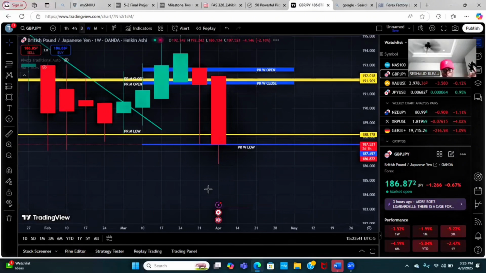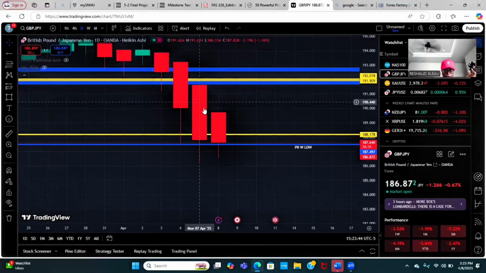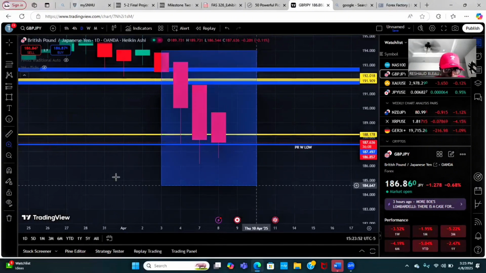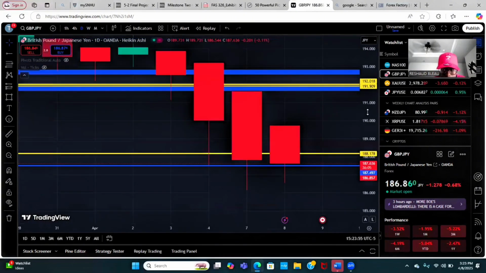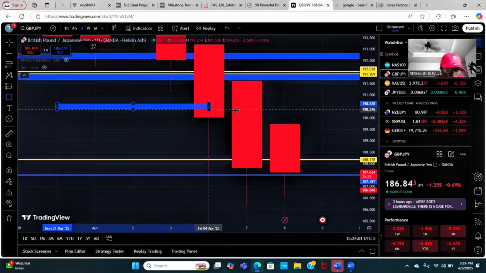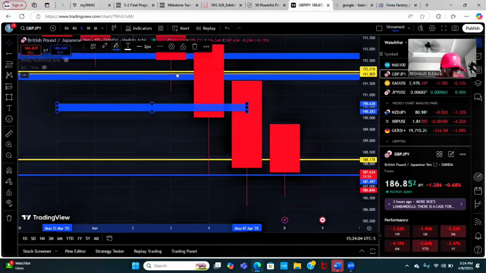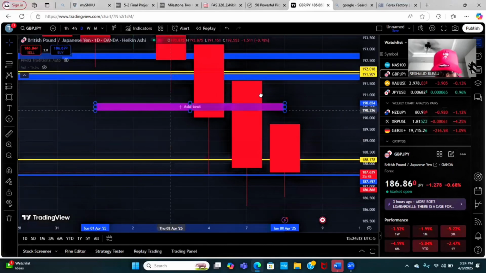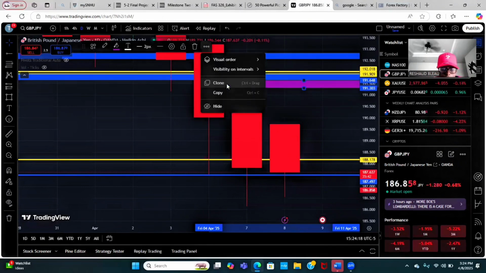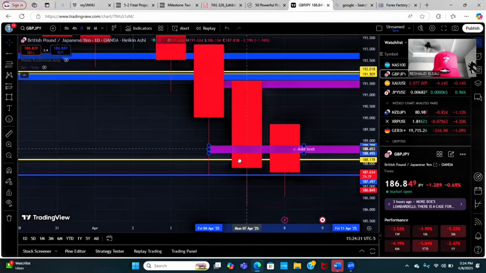And now the last candle we have to go is the day. We're working off of this daily candlestick because today's the 8th. So we're working off of this candle. All right, so this color is going to be purple. Well, let's do a different purple. And then this will be the opening. Drag that down to the close.